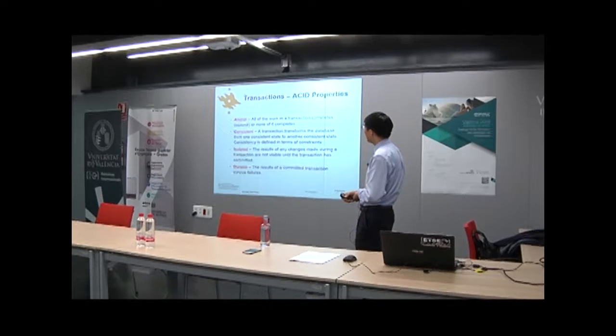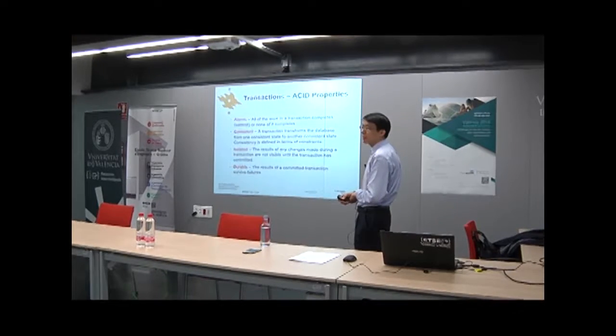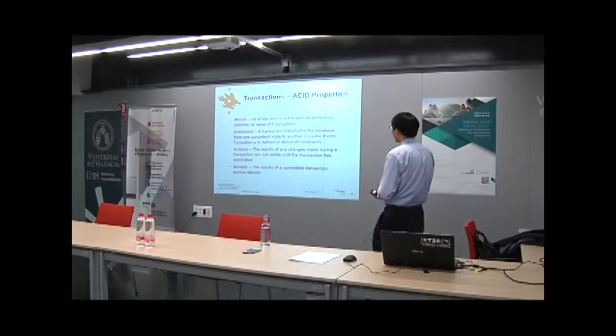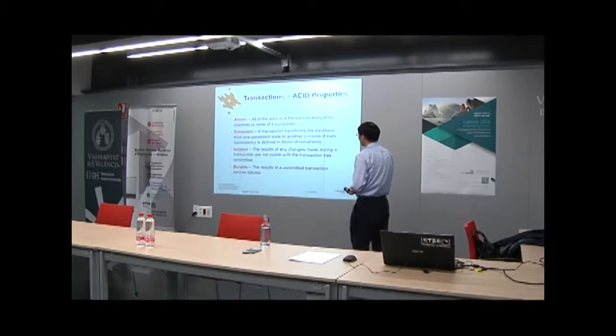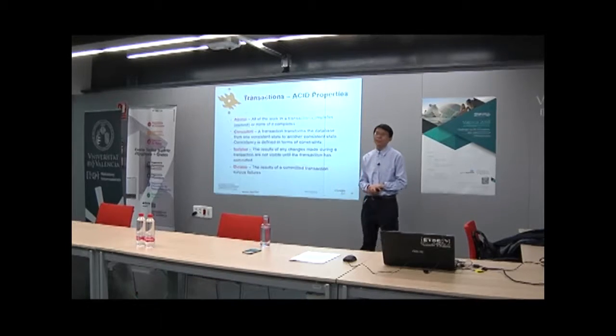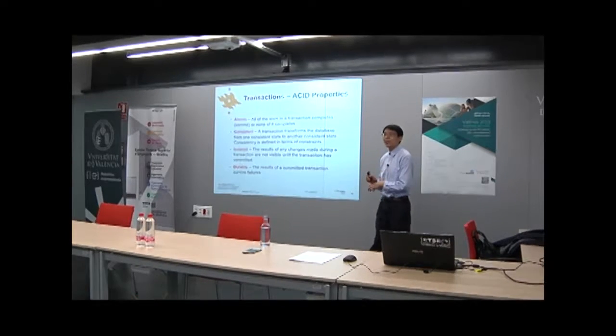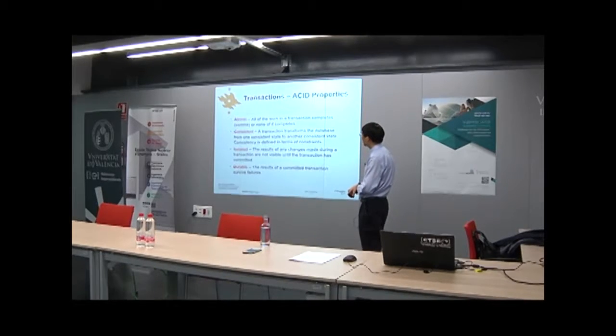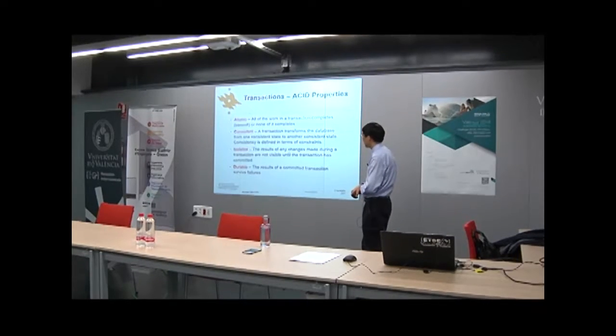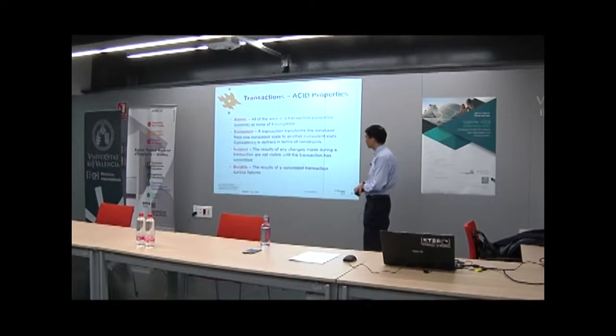The third one is isolated. The results of any change made during a transaction are not visible until the transaction has committed. So each transaction should be isolated in its own processing. Then the fourth property is durable, which means that the results of a committed transaction survive failures.